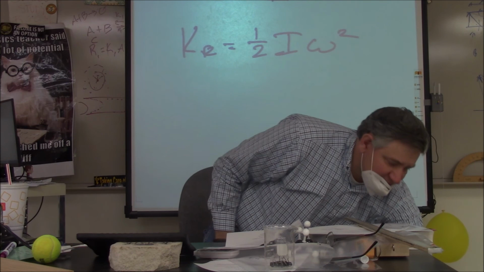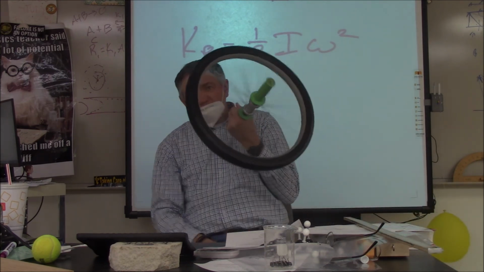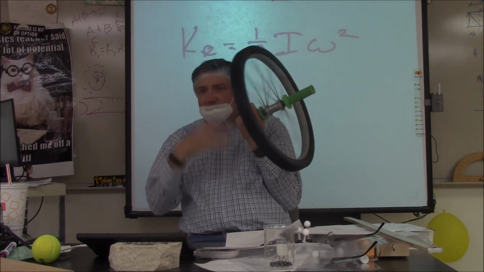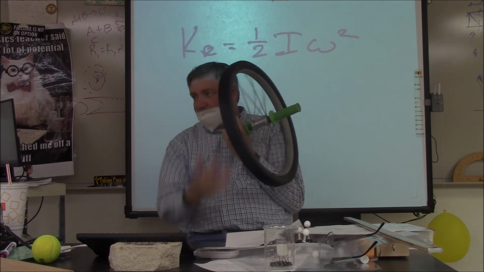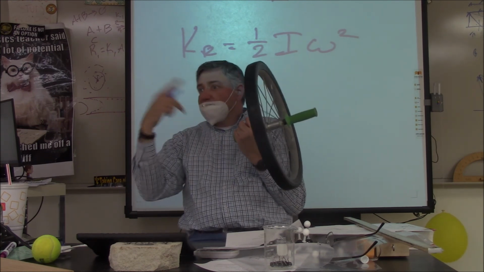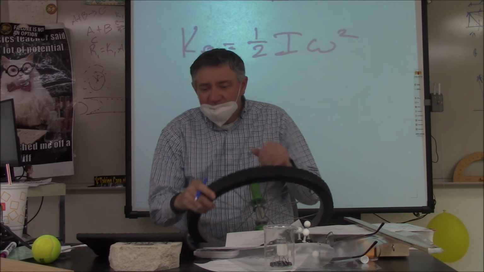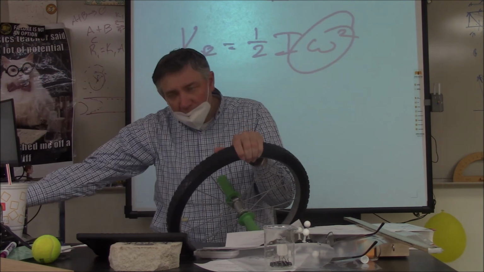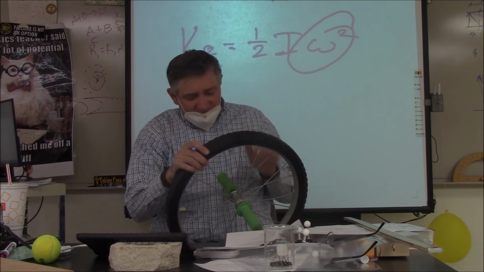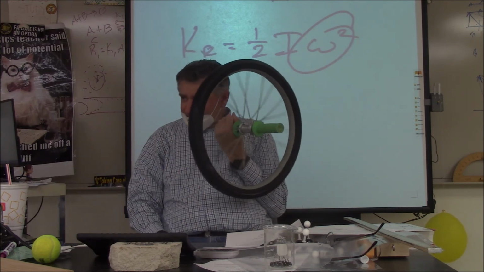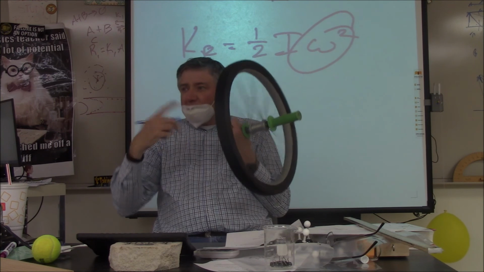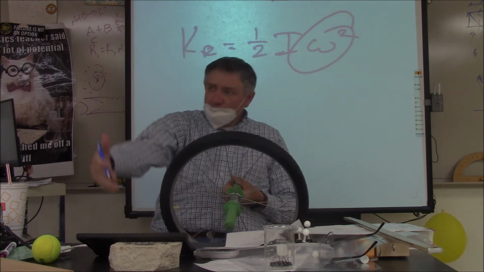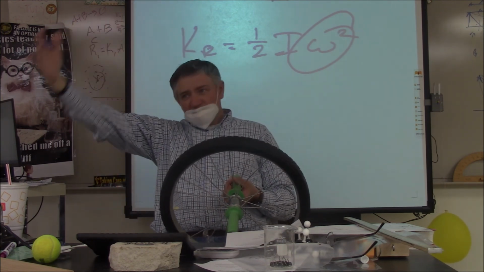If I take this wheel and make it spin, it has a certain amount of kinetic energy. But it's rotational kinetic energy because it's only spinning. So clearly, the faster something spins, the more kinetic energy you're going to have. If it's going slowly, it doesn't have much rotational kinetic energy. If I double the speed, I quadruple my rotational kinetic energy because it's omega squared.